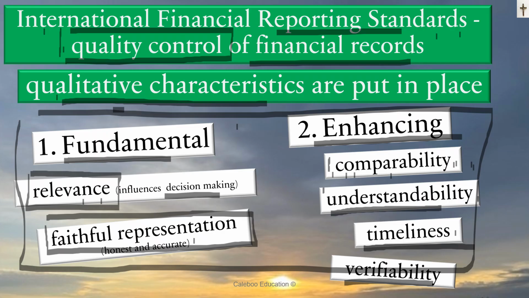It used to be GAAP, Generally Accepted Accounting Practice, but most countries are following the IFRS as to how they record financial information. So there's consistency across countries. So there's a little bit of information on the IFRS and the qualitative characteristics that they have put in place.